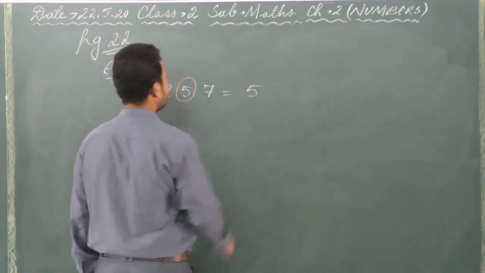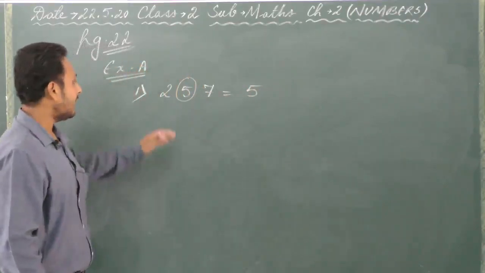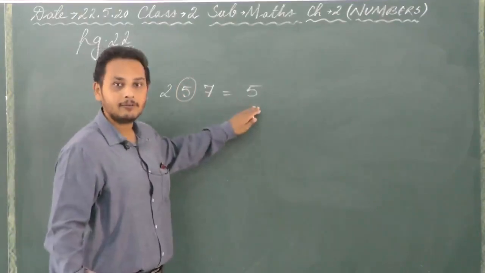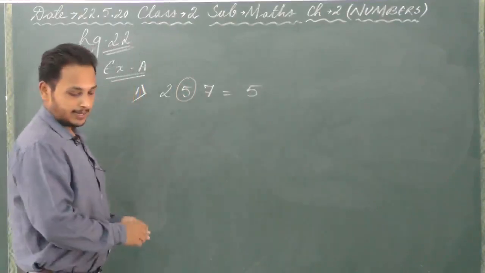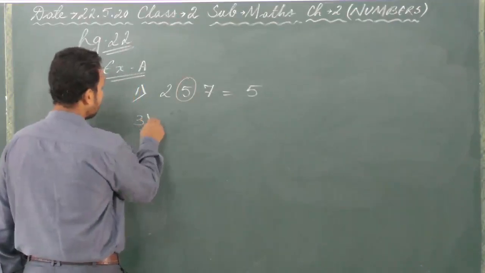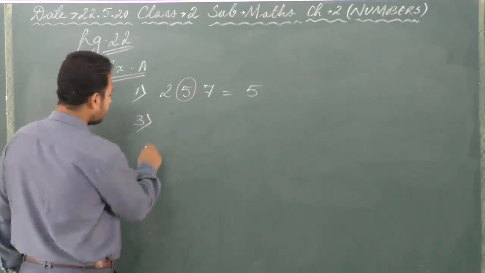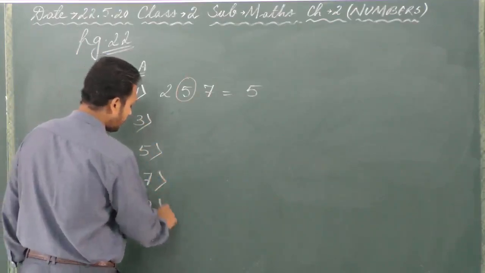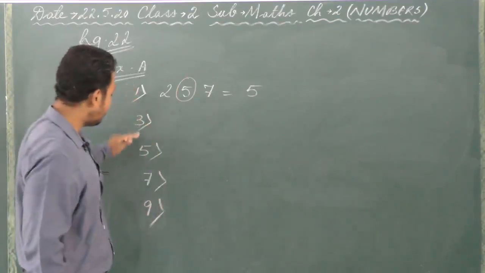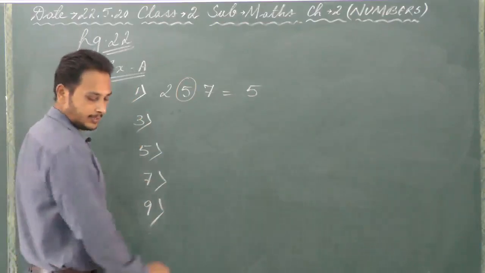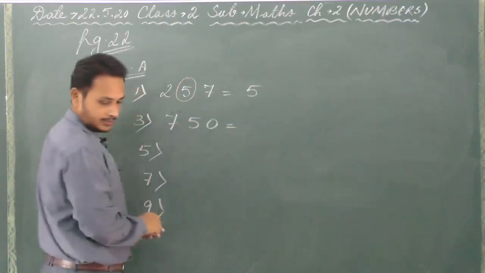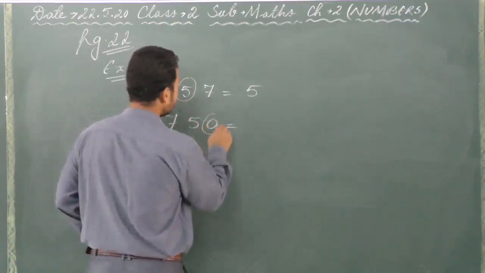It will be 5 itself, because I told you that face value of a number is always the number itself. Then the third, you have the numbers here in odd. All the odd numbers are in the left hand side, 1, 3, 5, 7, 9. So the next is 750, and which is circled here? 0 is circled.